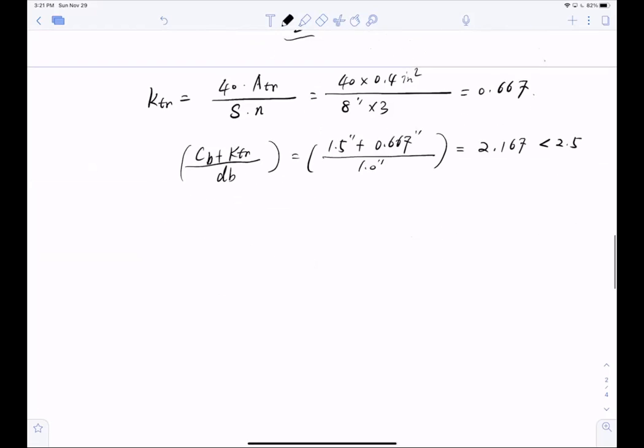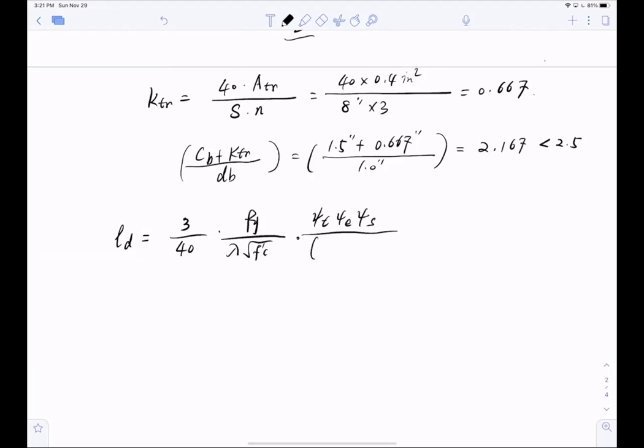Now looking back at the equation, LD, which is development length calculated using the traditional approach, equals 3 over 40 multiplied by Fy divided by lambda square root of f prime c, multiplied by psi T, psi E, psi S, divided by CB plus KTR divided by dB, and then the whole thing multiplied by dB.